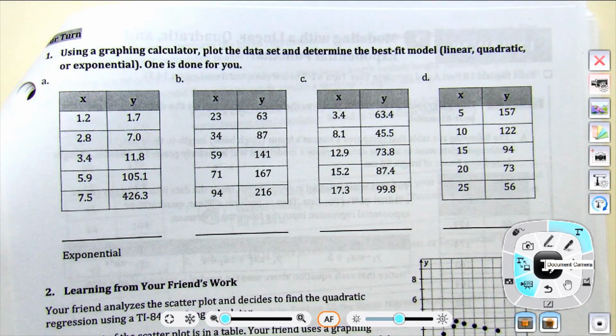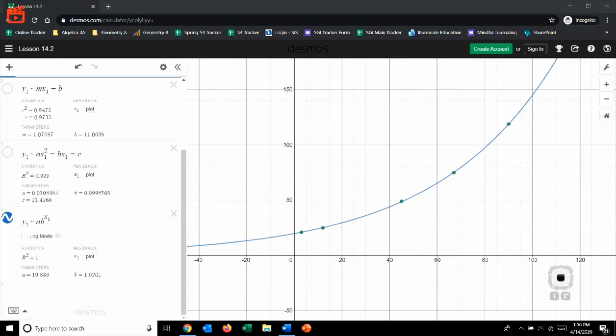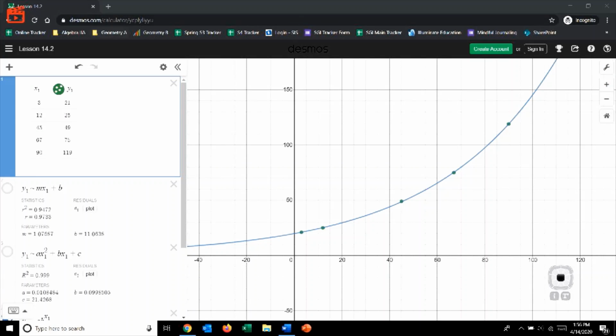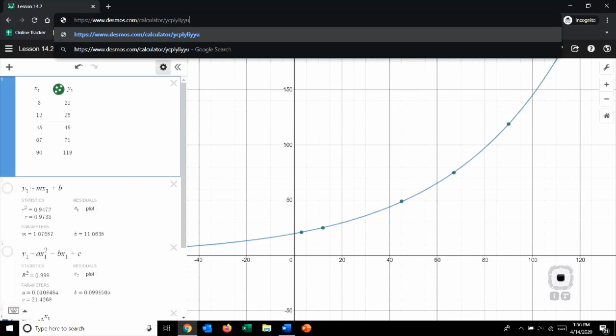So, number one, they tell you it's exponential, but what we're going to do is just test that out again. With the link that I'm going to be providing you, we're just going to type in the data.